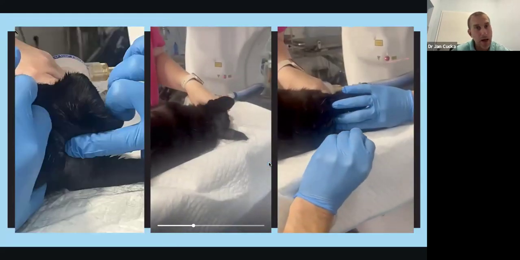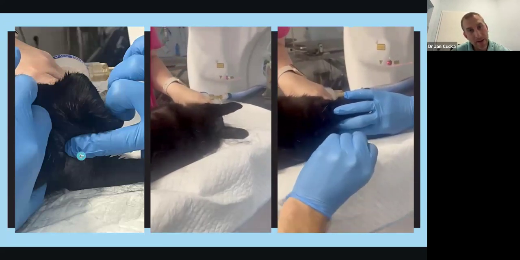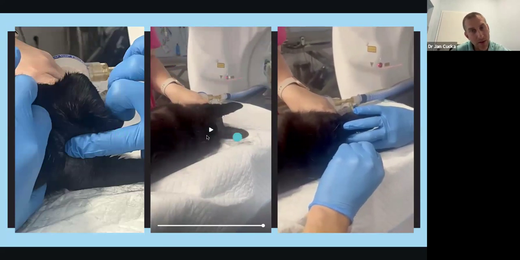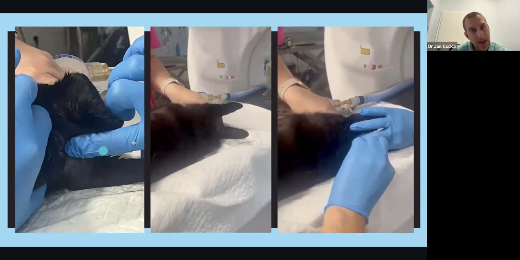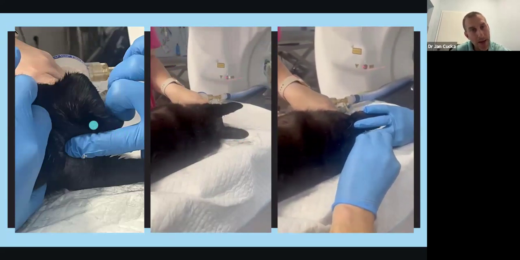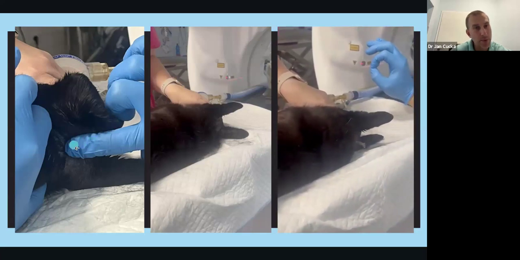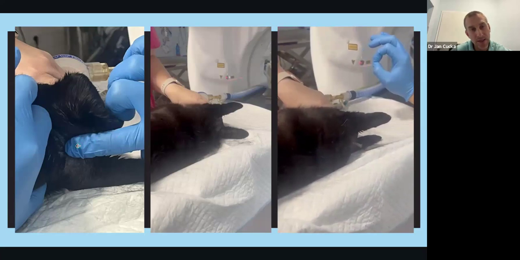And how we are performing the cranial puncture. The dog is in lateral recumbency. We just palpate 2 spots. So this is the protuberantia occipitalis externa.